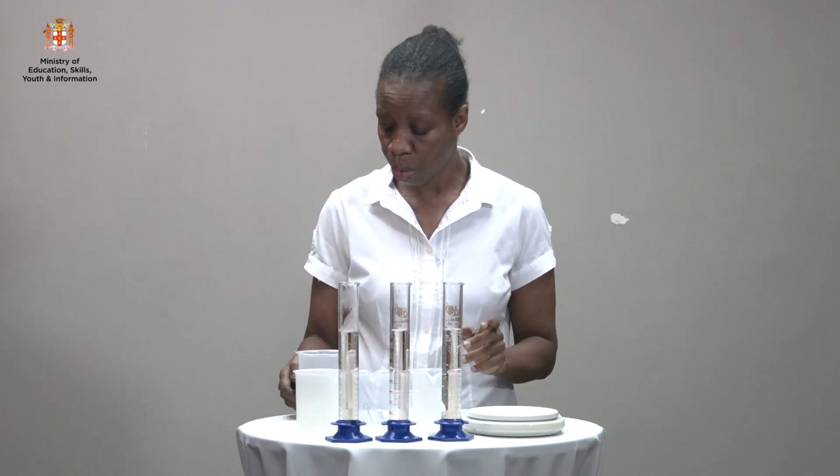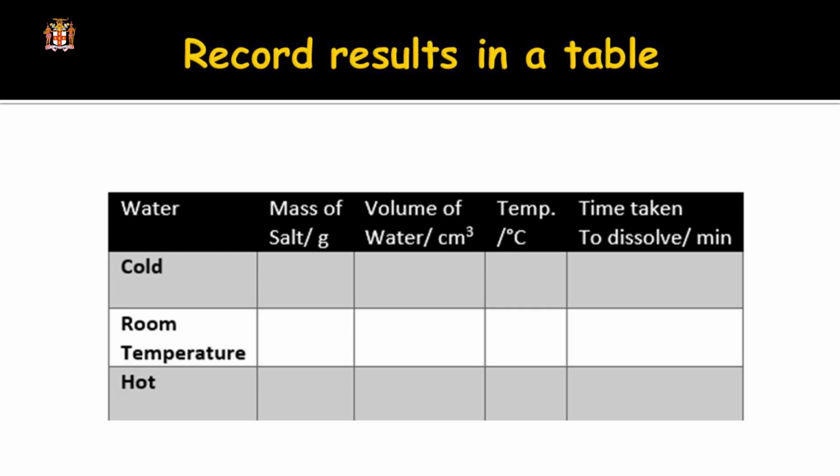We need to have our stopwatch, by the way. All right? So you would basically record your results in a table like the one shown. So your table will have what type of water you're dealing with: cold, water at room temperature, warm or hot water. Another column will have the mass of salt, which was basically 5 grams, and that we said was the same, it was constant.